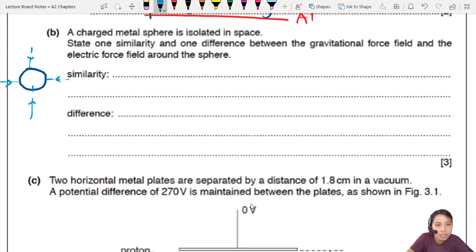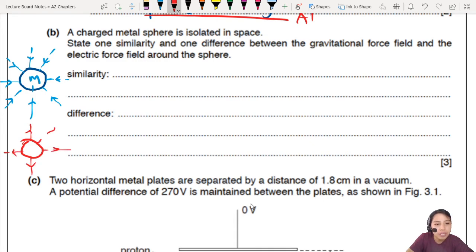For gravitational field, so if you have a mass m, all the fields are always pointing in the middle. That is one thing which is important to know. But for electric field, maybe it's pointing inside. Maybe it's not, maybe it's pointing out. So there's a difference there.